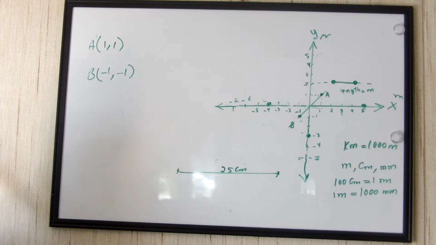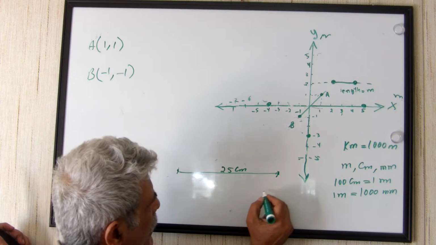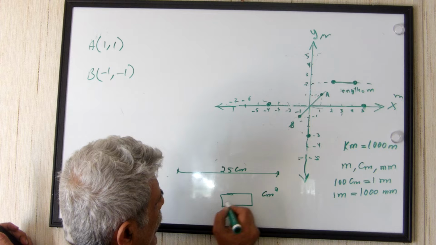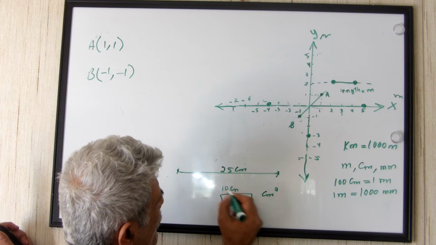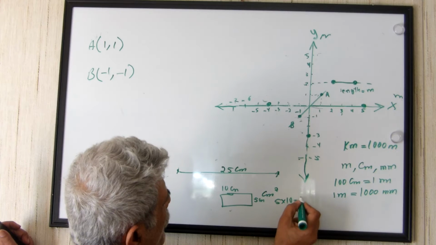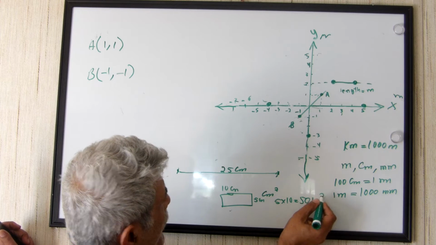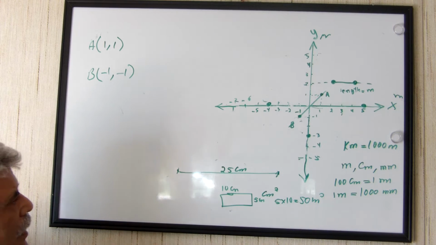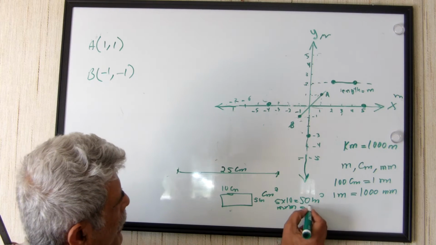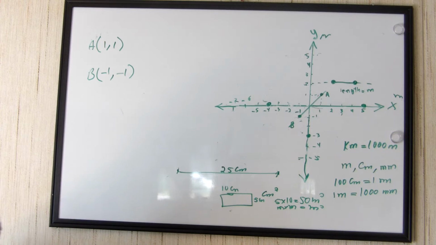This is the length. But we also talked about the area. If you have a rectangle with sides 10 centimeters and 5 centimeters, you multiply 5 times 10, which is 50 centimeters squared, because centimeter times centimeter is centimeter squared. We don't want to get into this now.